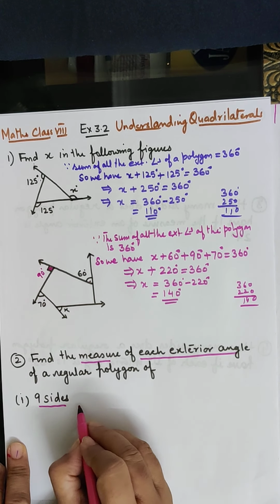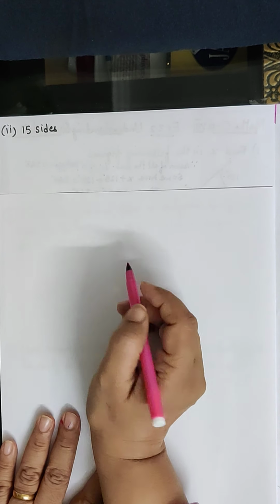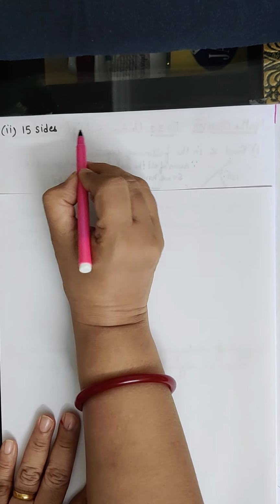Now we come to the next part. In this part, we have been given the number of sides are 15. Okay. Again, we use the same formula.